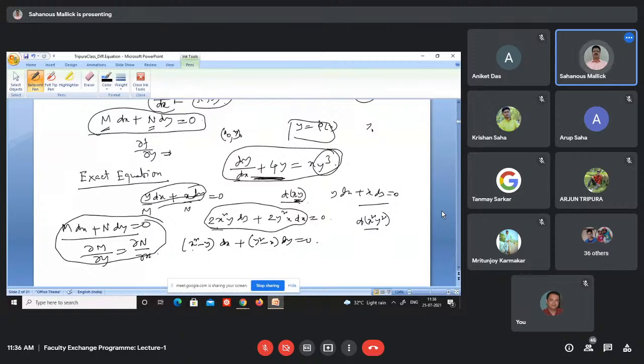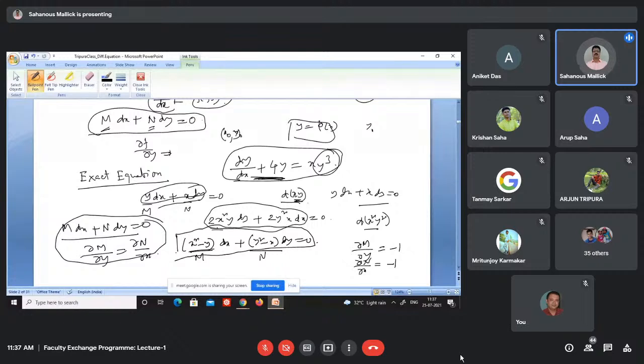Like here x² minus y is M and y² minus x is N. Now ∂M/∂y equals to minus 1 and ∂N/∂x equal to minus 1. So these two terms are equal. So this differential equation is exact.